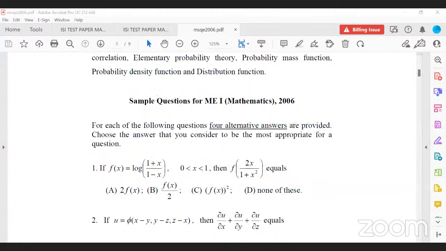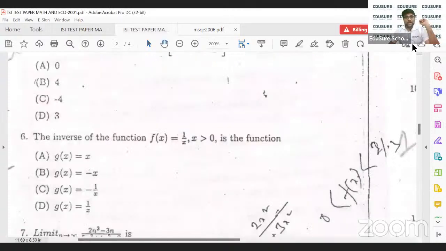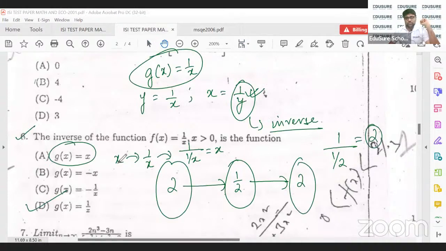Alokita, okay, what is the problem? Which area was the problem? You need to find out inverse. Inverse is basically going back to what we started off with, right? So if I'm going from x to 1 by x, if I have to go back to x, what do I need to do?